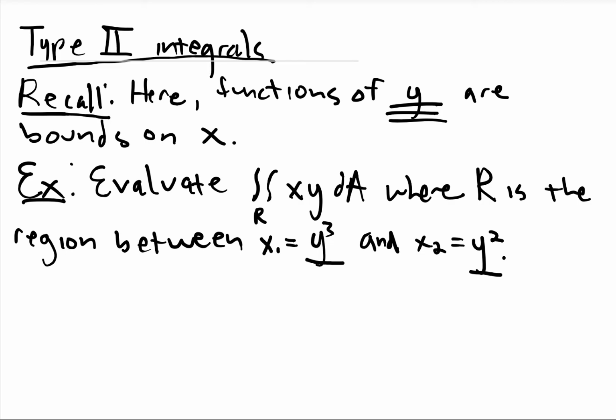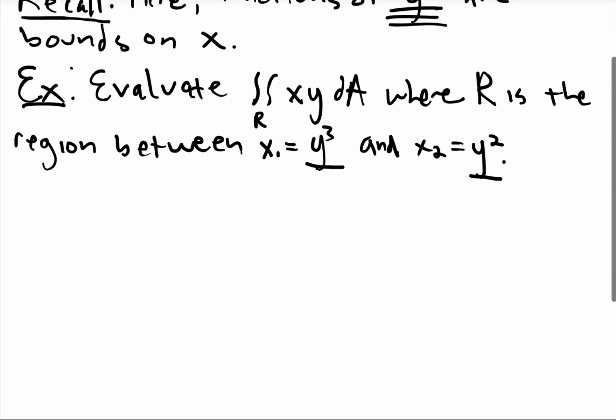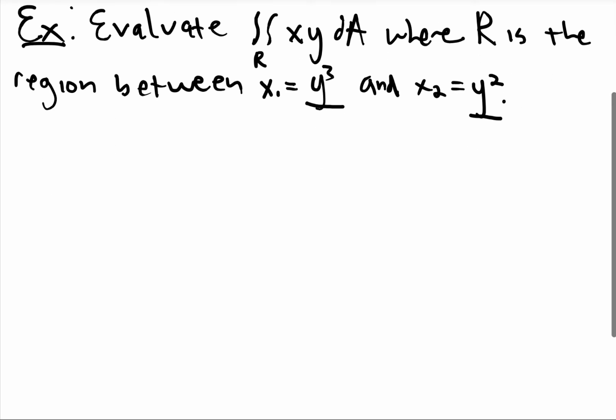Okay, so in this particular example, I'm going to scroll down and give myself a little bit of room. If I want to evaluate this thing where that's my region in particular, well, never hurts to draw a picture, try to get a feel for what this looks like. Here, if I wanted to sketch these, remember the difference between when you have functions of x and functions of y.